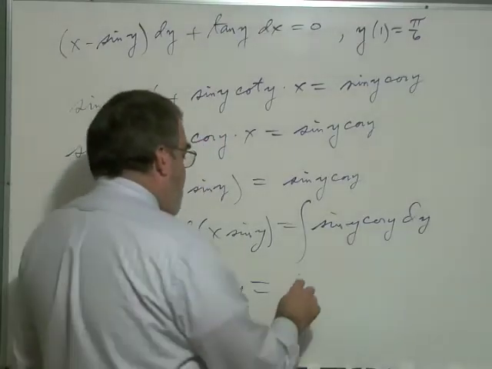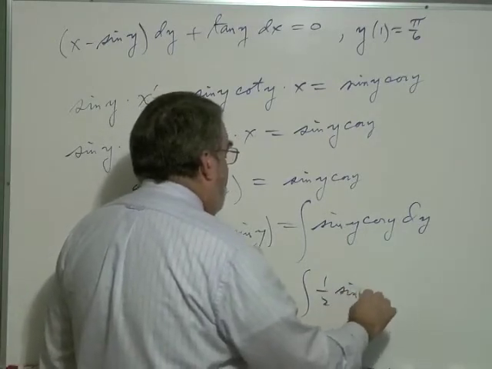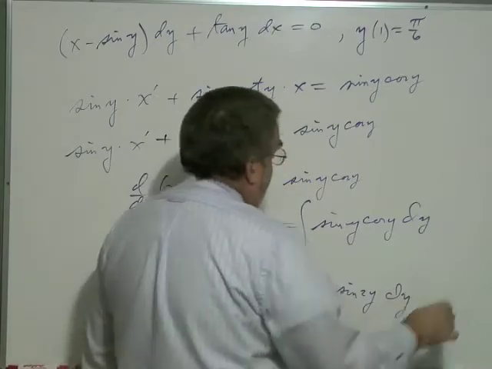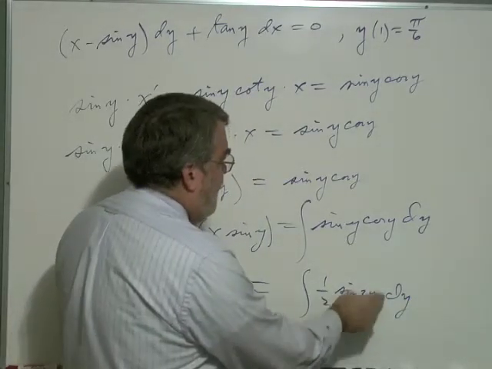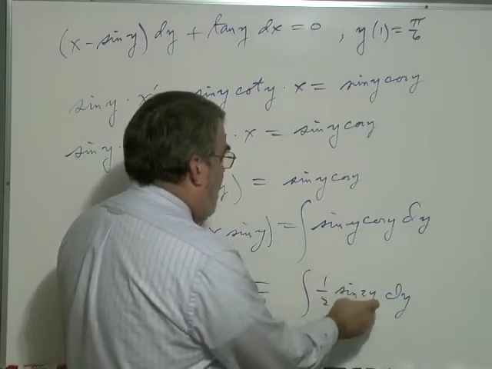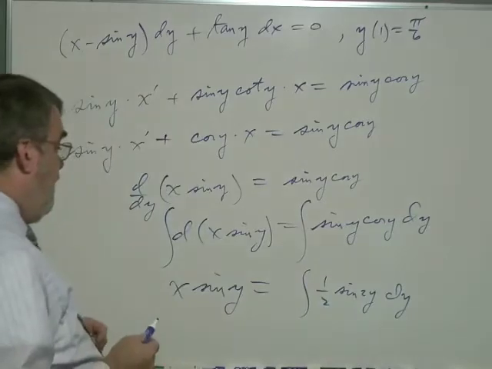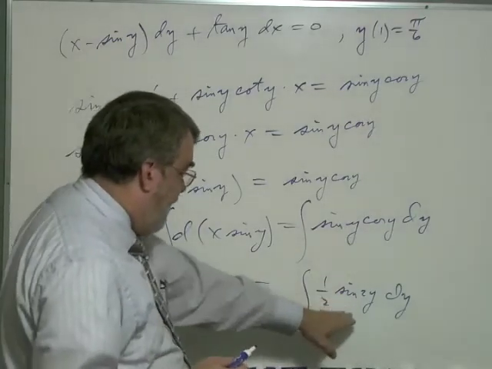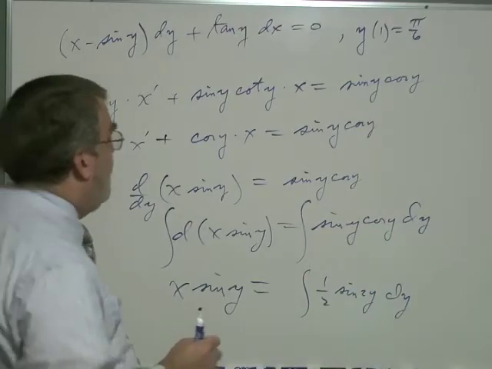So actually this would be 1/2 sine 2y dy. Isn't that nice? So again, let me go through that. The sine of 2y is sine times 2 times sine times cosine. The 2 cancels the 1/2. So in other words, we can just go right to here and integrate this one right here.